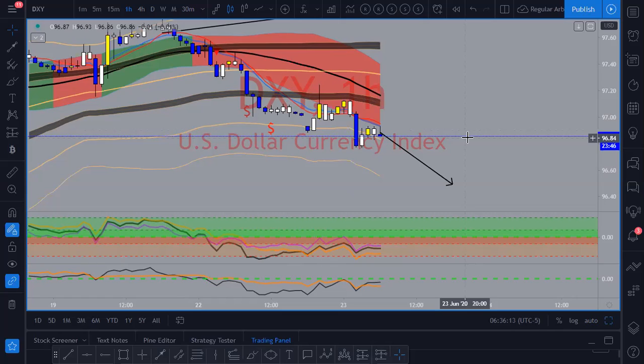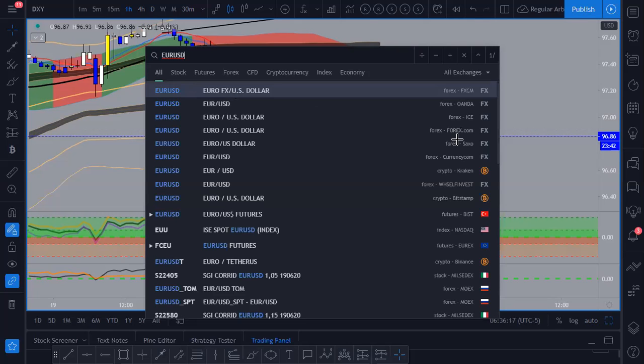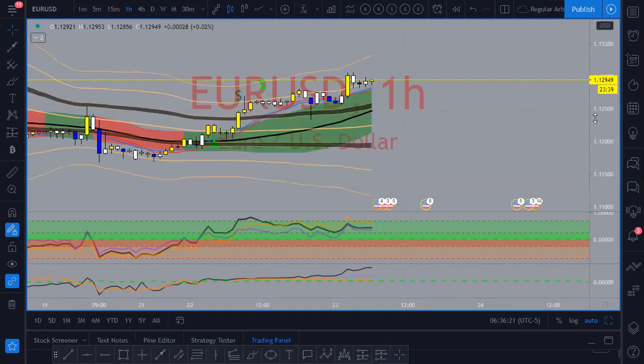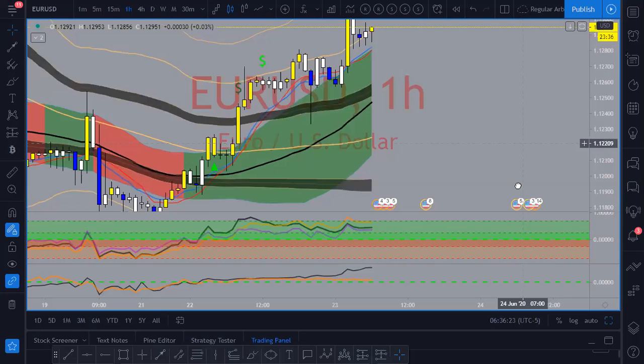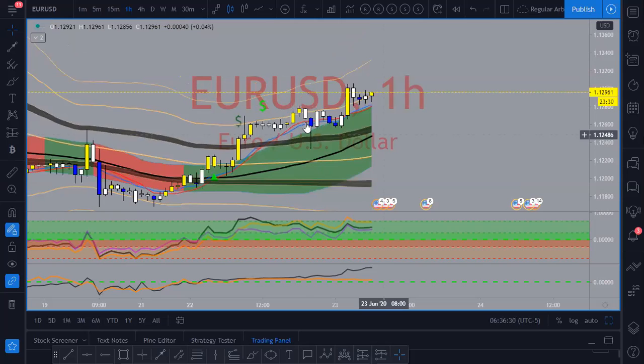Let's go on to Euro USD, because it's doing the opposite. I had mentioned in my channel, though I forgot to post it in the arbitrage channel, that I think it's going to go bullish. Let me go on the 4 hour real quick, because that's what I had talked about.